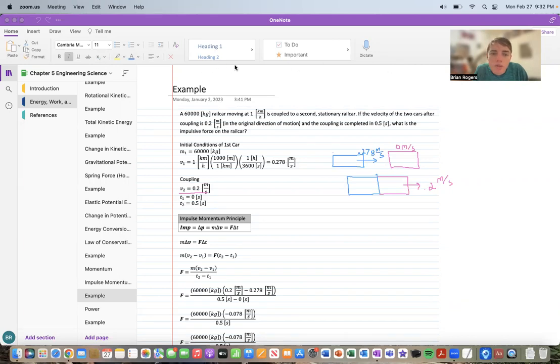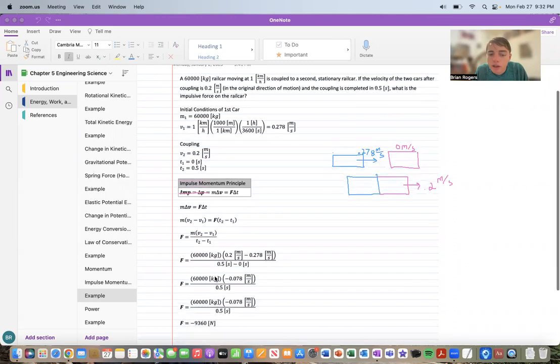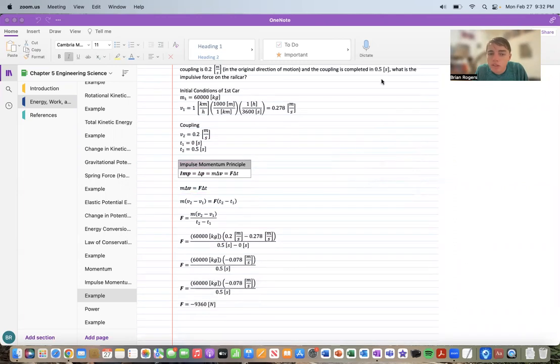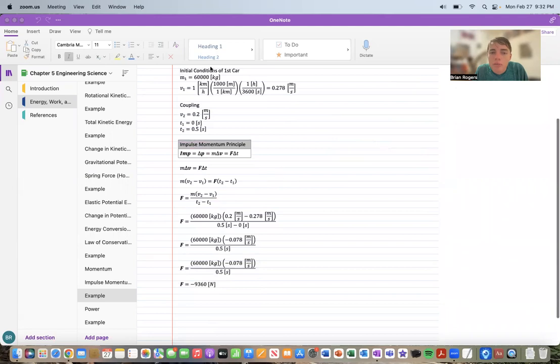And so now we're going to see the impulse momentum principle. Solving this equation in terms of the force, you're going to be able to put it in terms of the mass times the change in velocity all over the change in time. Substituting in our variables, the mass of the rail car was 60,000, so it didn't change.